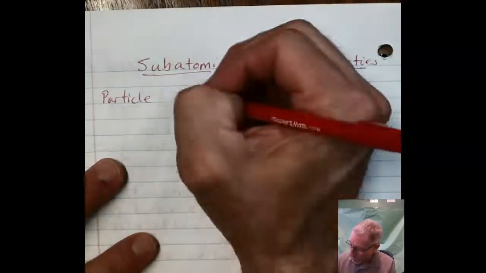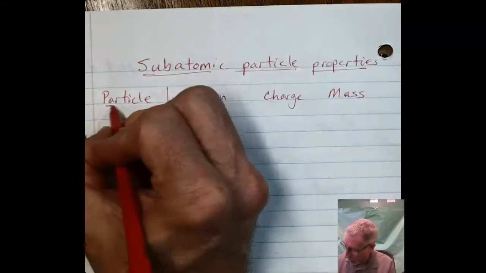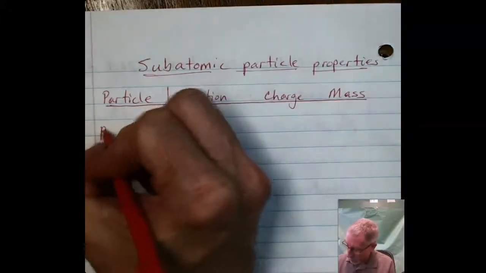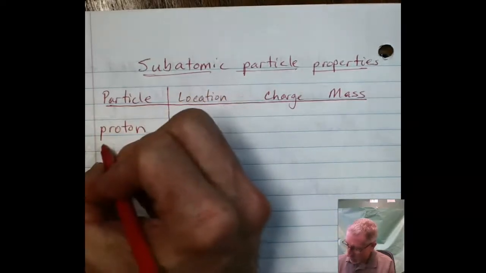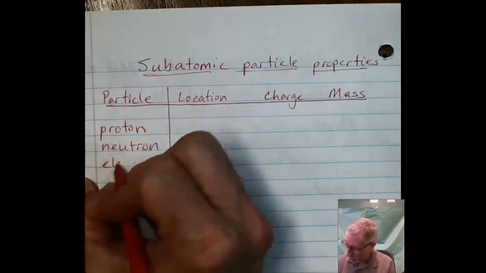We'll have a line for each of the particles. So it'll be like one for proton, one for neutron, and one for electron.